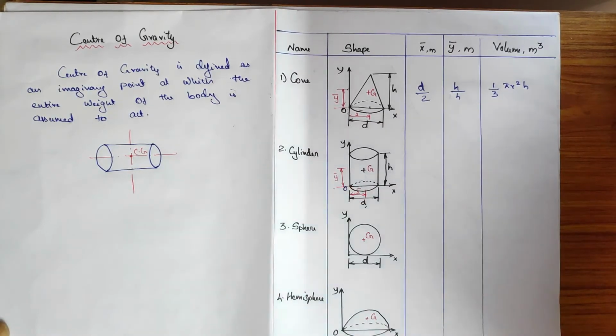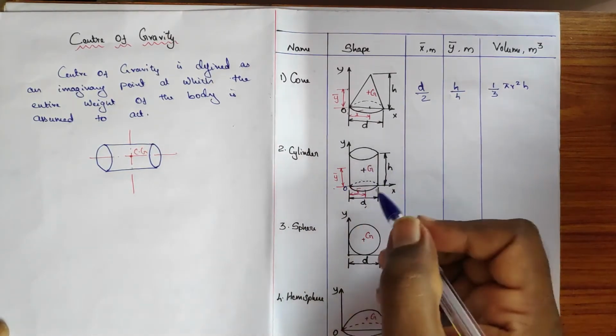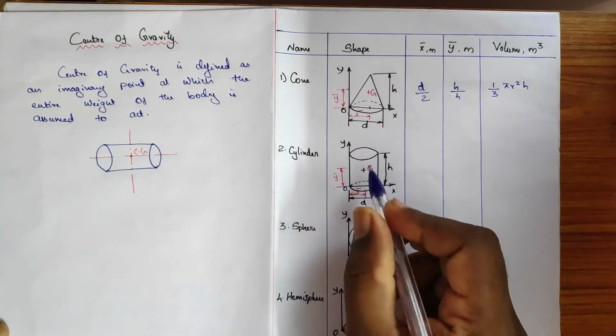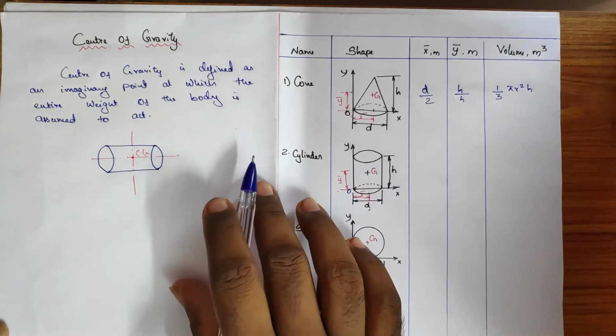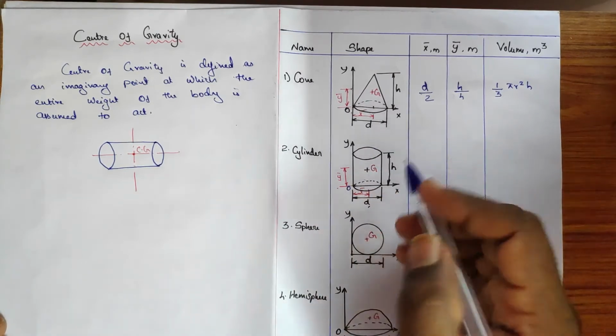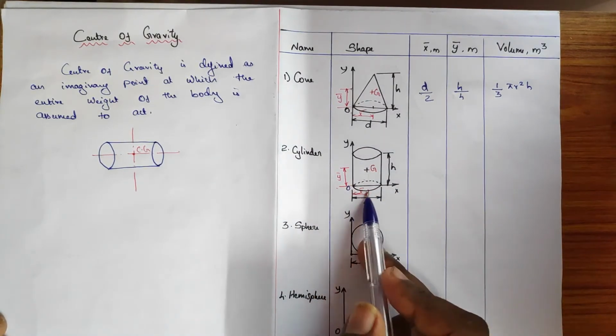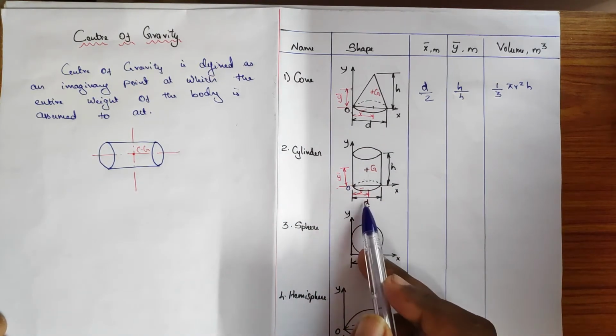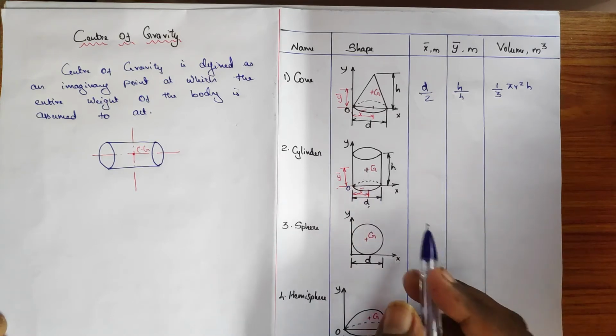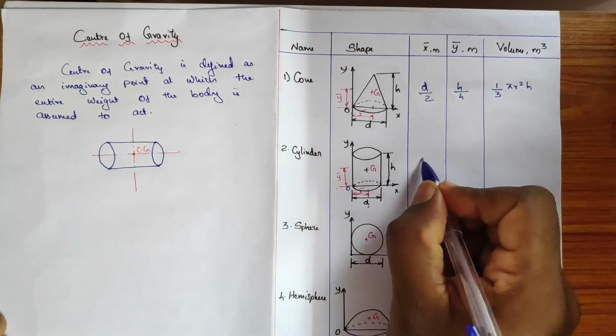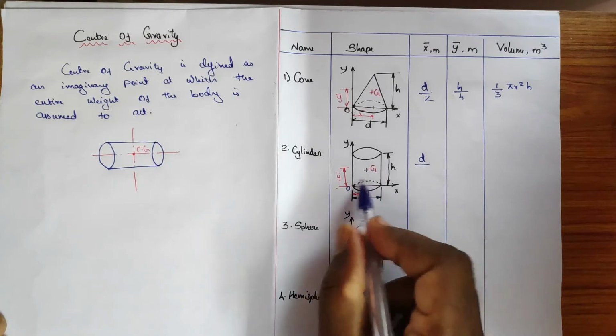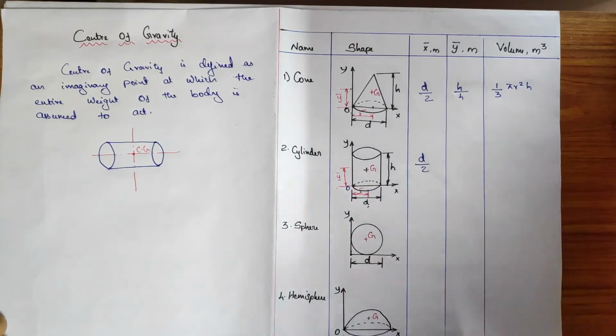We need to find the center of gravity for this particular cylinder. So x bar is nothing but the diameter divided by 2, half the diameter in the x direction, okay, D divided by 2.